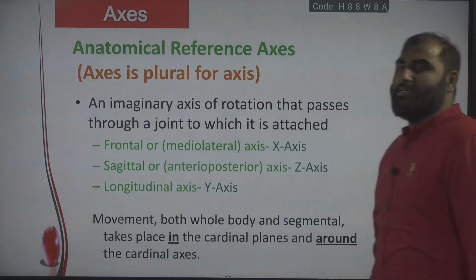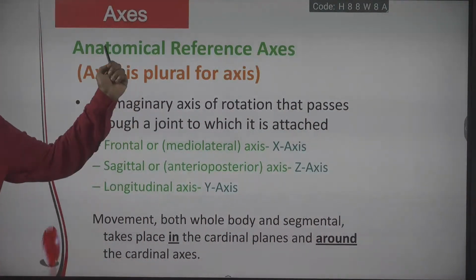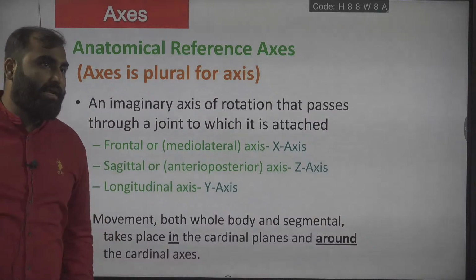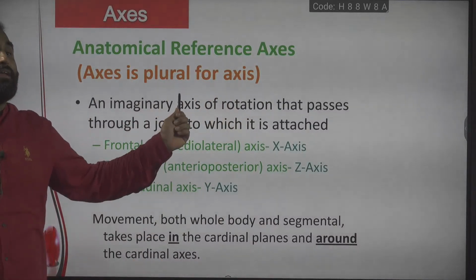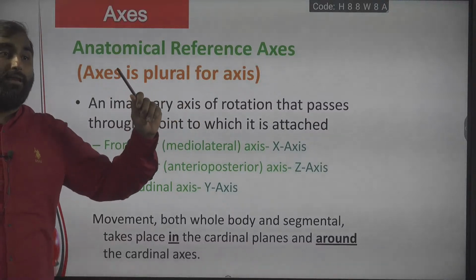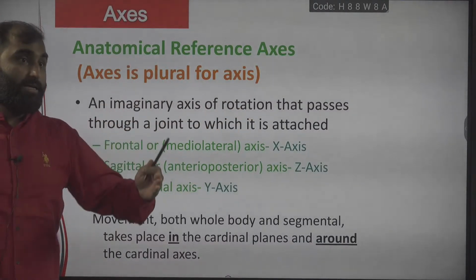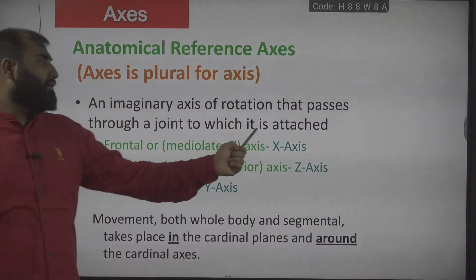Now, once I have told you the planes, let's see what axes are. Axes are used for anatomical reference, to study the anatomy. An imaginary axis of rotation. Plane on which surface it happens. An axis is for rotation. An imaginary axis of rotation that passes through a joint which is attached.